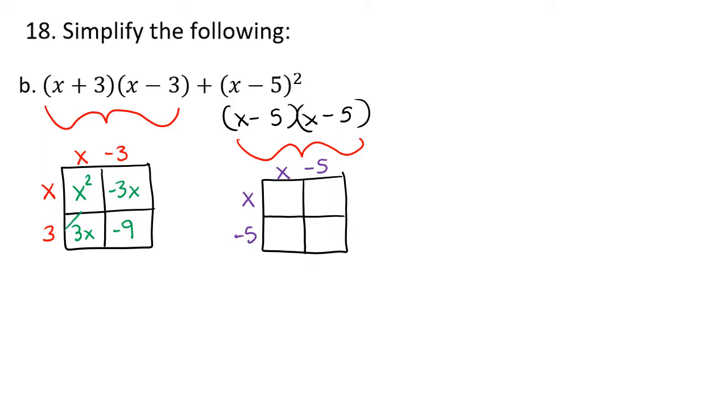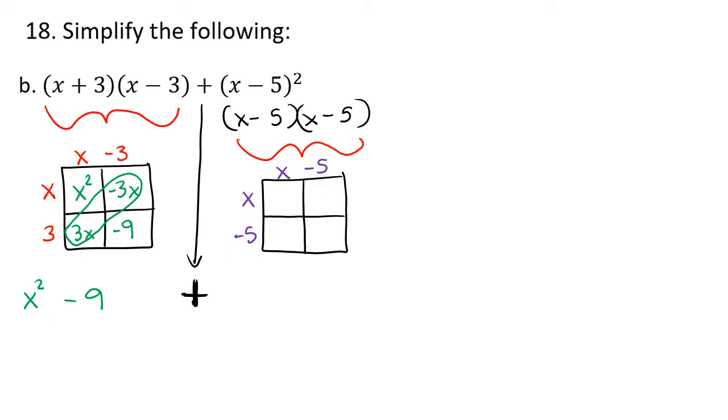So once again, we do have like terms here. So we have x squared, 3x take away 3x is 0, so we won't have anything, minus 9. Don't forget that there is a plus sign here. We are adding these two together when we're done.